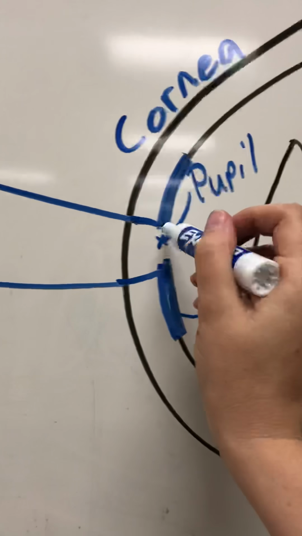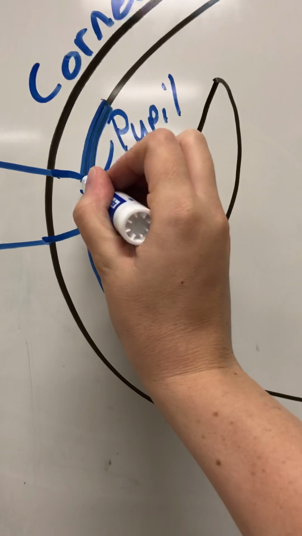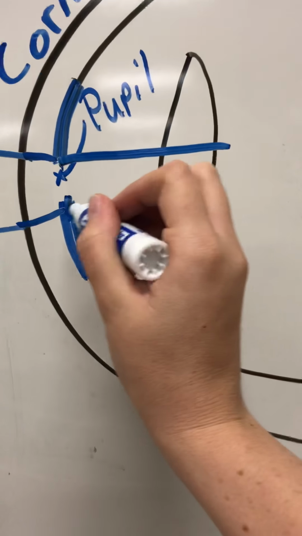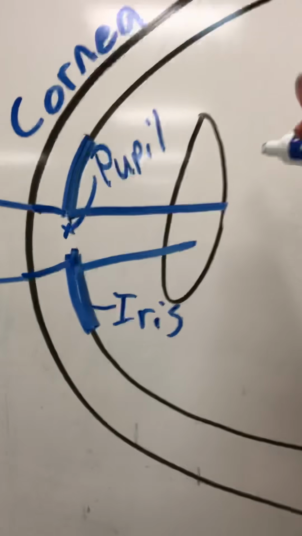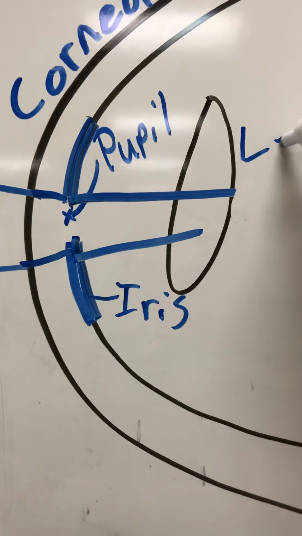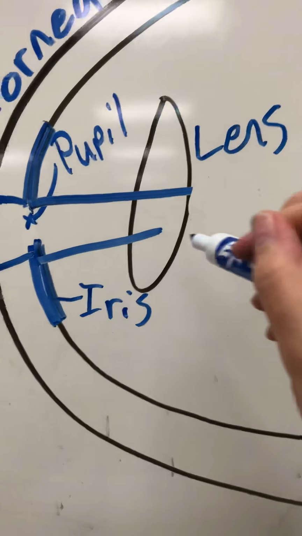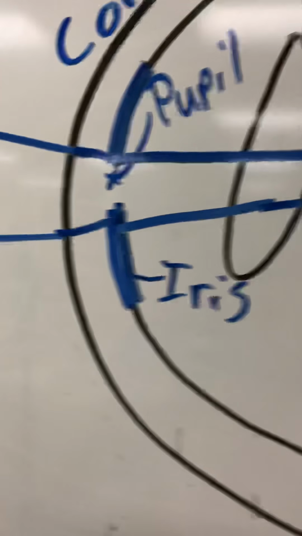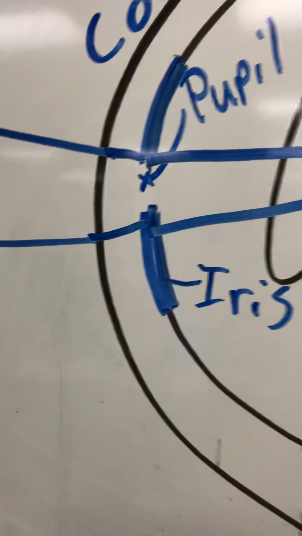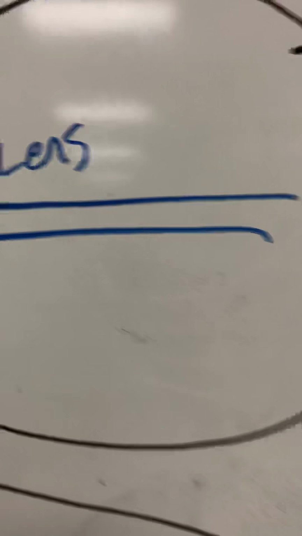Then the blue light from our blue balloon goes through our eye, and it is focused by the lens. It focuses that image. Then it is projected onto the back of your eye.